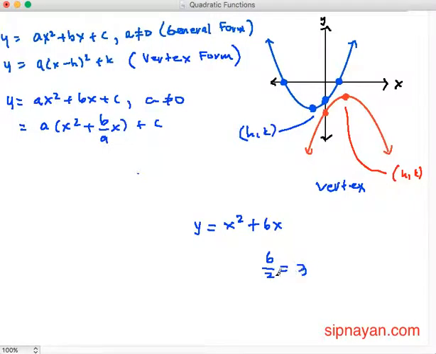Magiging 3 siya. And then, square natin yung 3. 3 squared equals 9. And the result here will be added to the function. So, pag nag-add ka ng 9 dito, para ma-maintain yung equality, equal sign yan, di ba? So, pag nag-add ka ng 9 sa kanan, dapat mag-add ka rin ng 9 dito sa kaliwa.